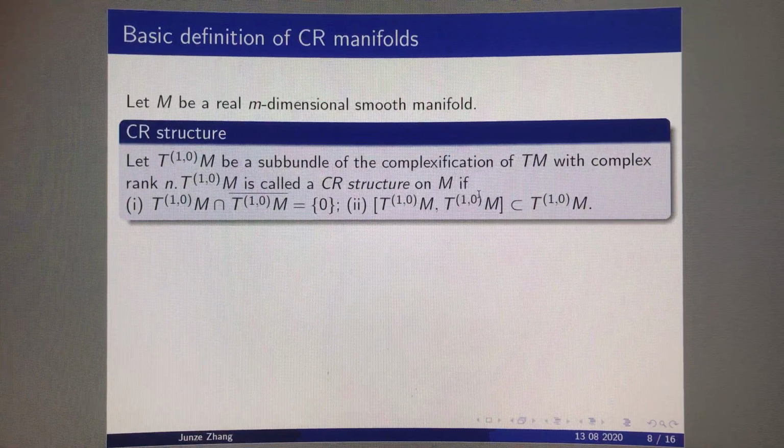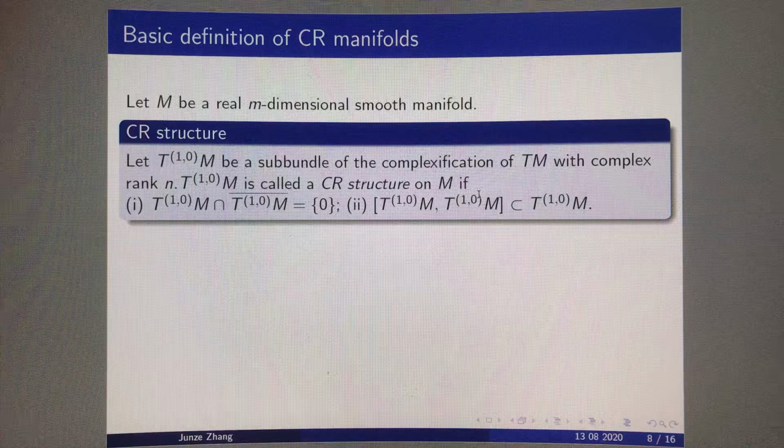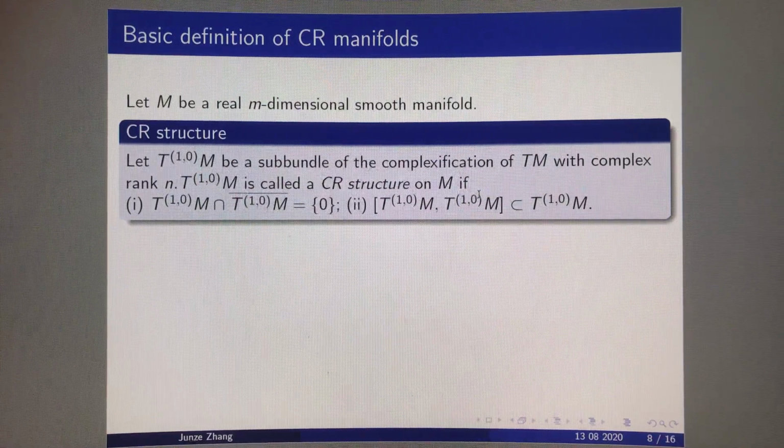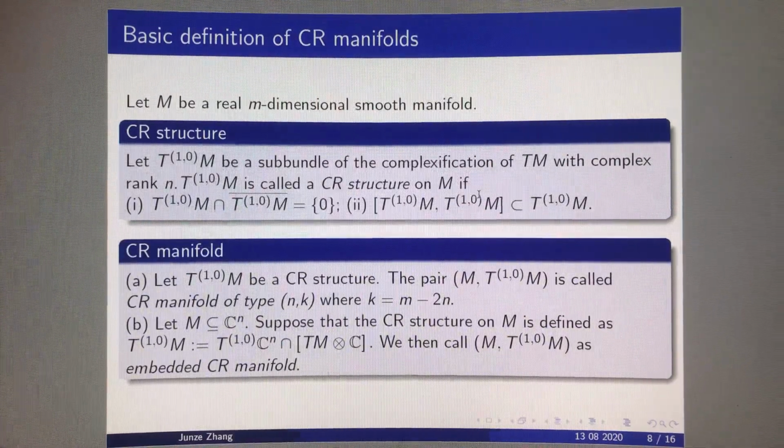The first one is that the intersection of T10M and its complex conjugate is equal to the zero element. The second condition is that this complex subbundle is integrable. With the definition of CR structure, let's then look at the definition of the CR manifold.